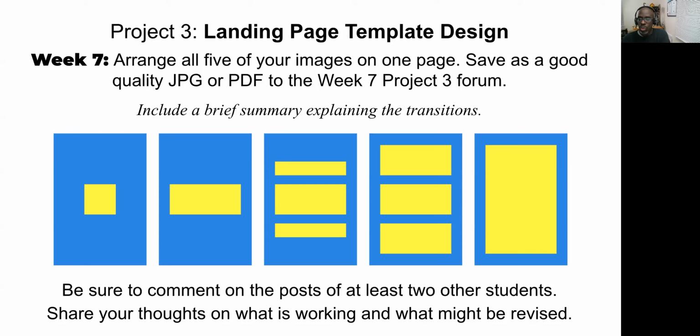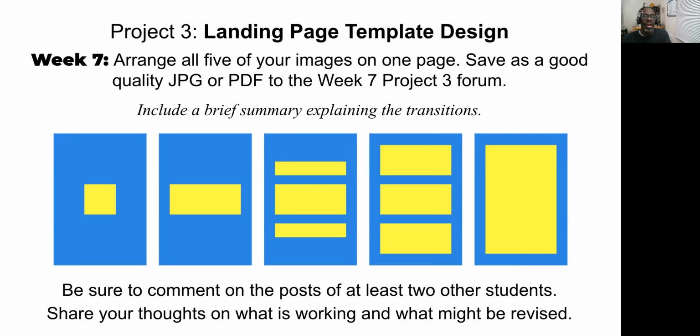Share your thoughts on what is working and what might be revised. So in week 6, you just need the one recreated image saved as a JPEG. In week 7, you're going to present all 5 of the images showing the transition with a brief summary and, of course, comments to your peers.